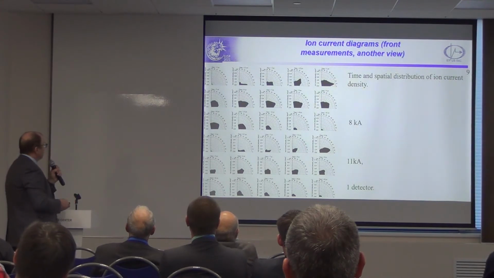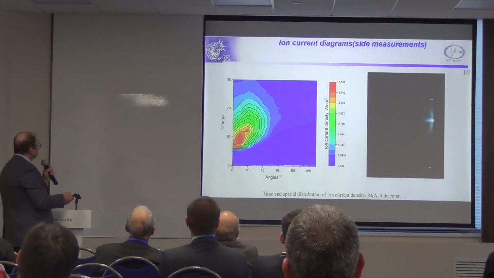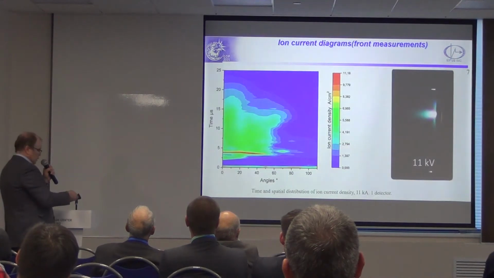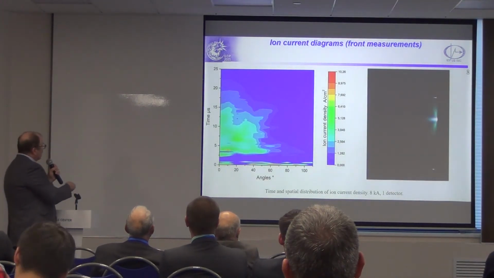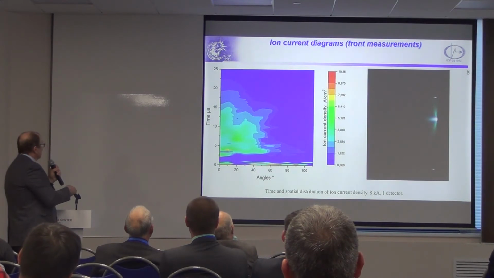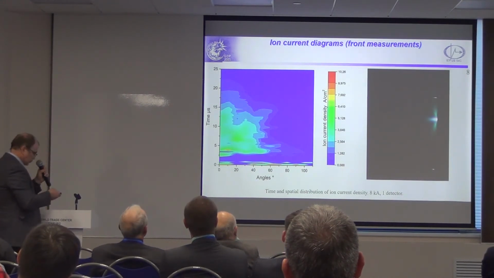If on previous diagrams the value of ion current was depicted as the color of the diagram, this is the spectrum, which shows that ion currents were in the range from 0 to 10 amperes per square centimeter.